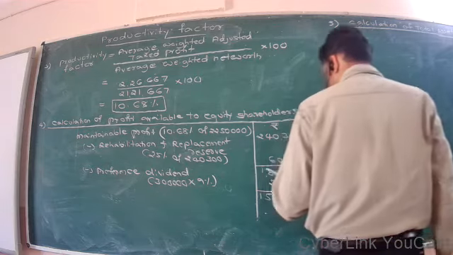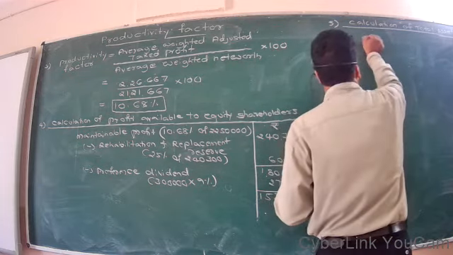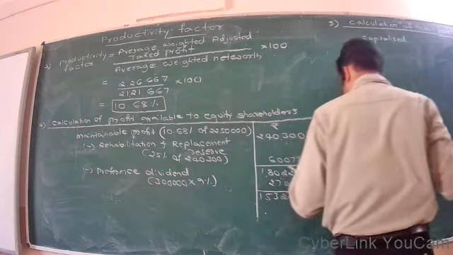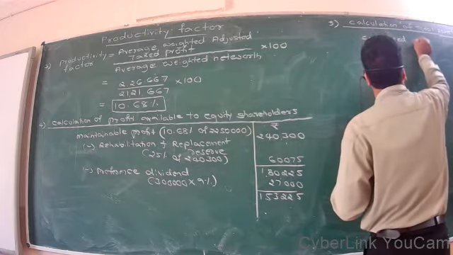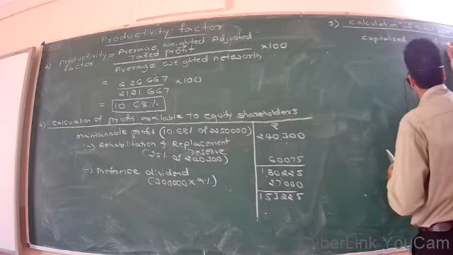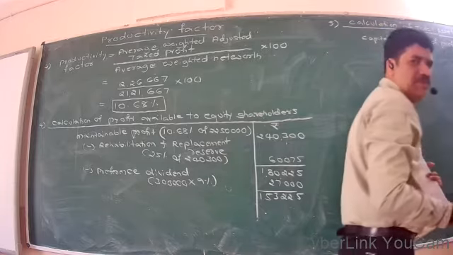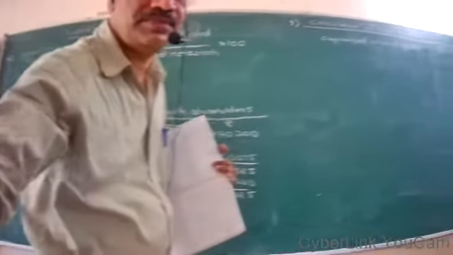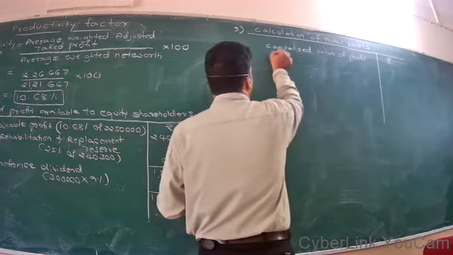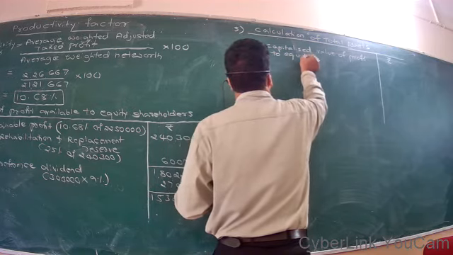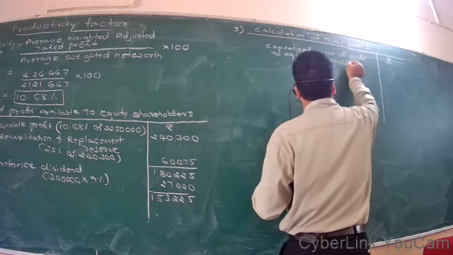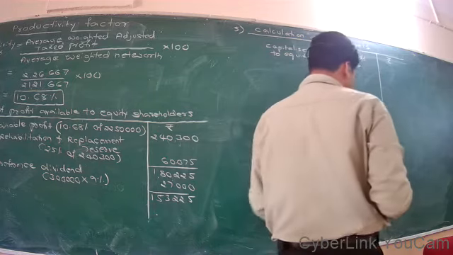Here, that is capitalized value of profit to equity shareholders. So here it is calculated.